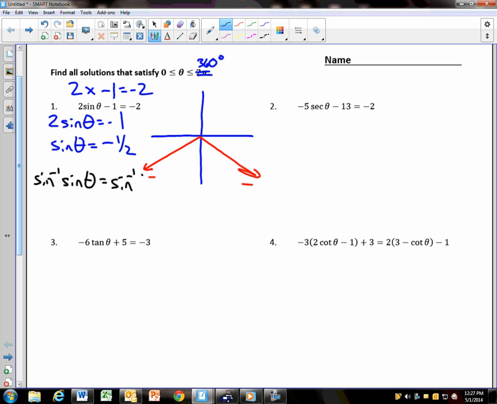I won't write this out every time, just one time. So we do sine inverse of both sides. What do you think the sine inverse of sine leaves you with? Theta.